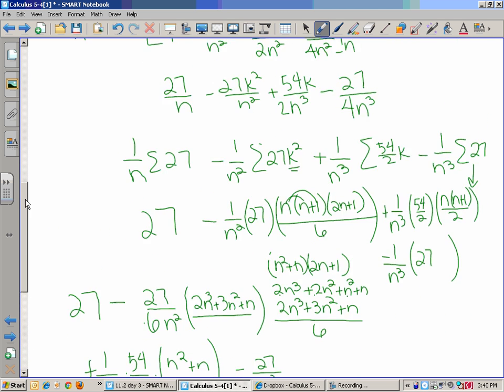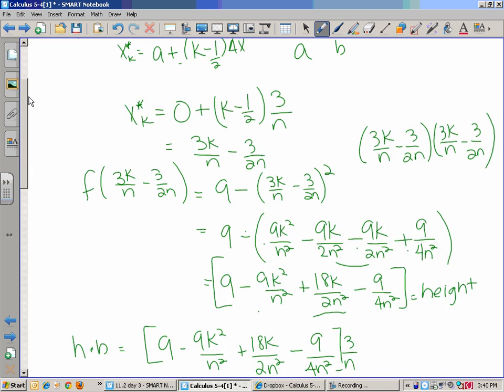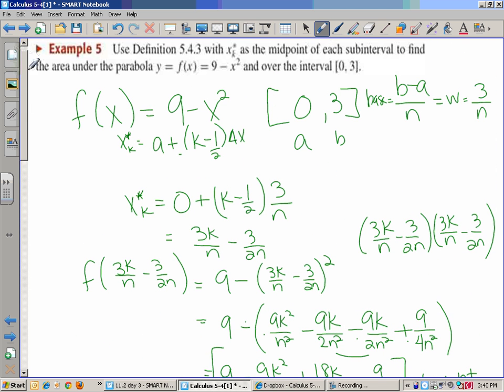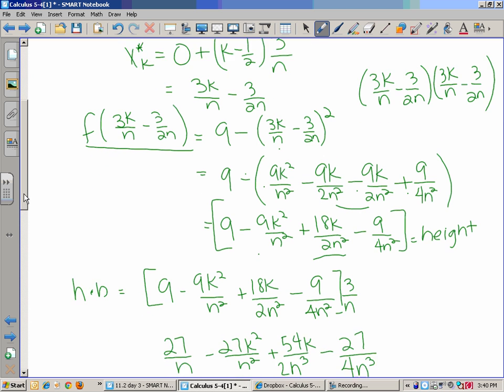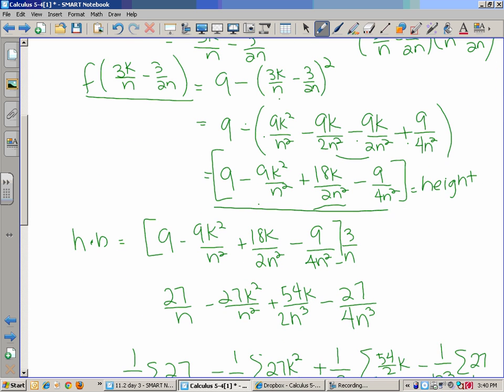Okay, so let's come up here. We did all of this work. I hope you're not trying to follow that. That is atrocious. So that becomes our x star. Once we have our x star, we plug that into f to find our height. I'm talking you through this again so you can see where we're at. Once I plug that in, I come up with the final answer that represents my height only.